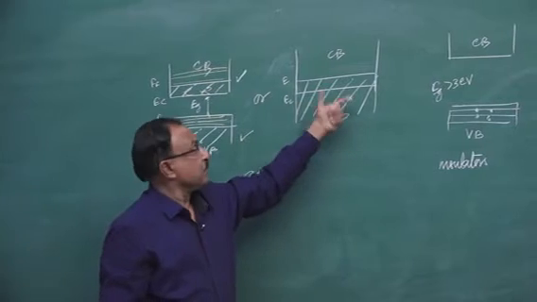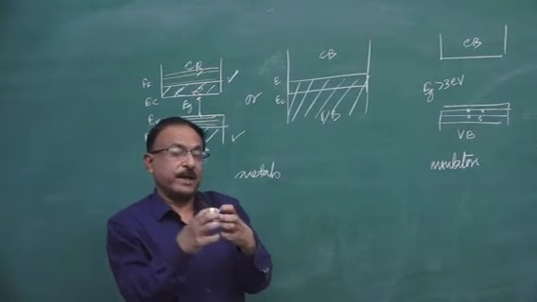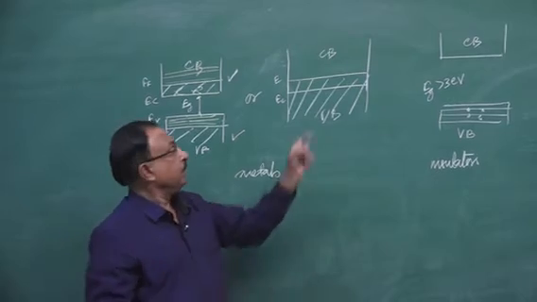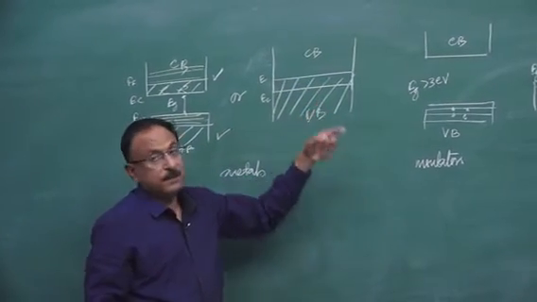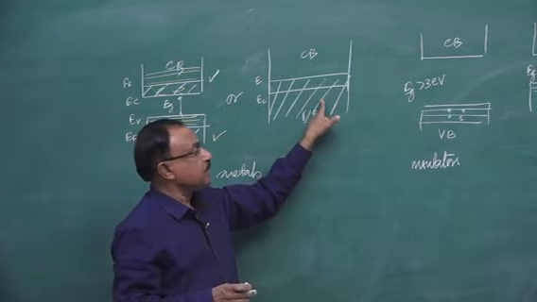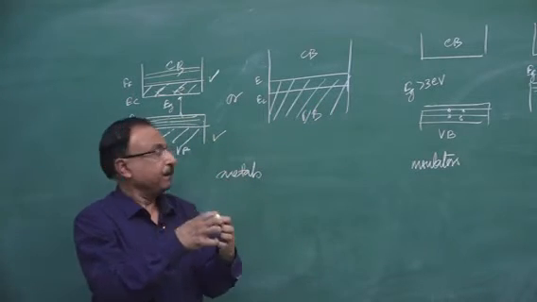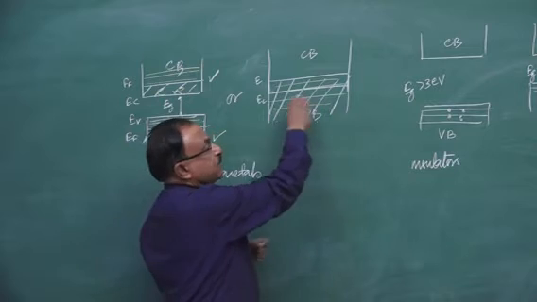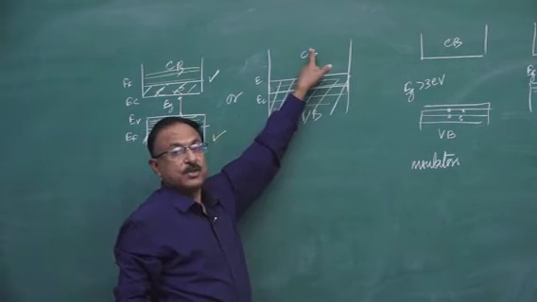The other case, which is the most common case, is that atoms are so tightly packed in the crystal structure of the metal that the conduction band and valence band overlap. When the conduction band overlaps the valence band because of the tight packing, then a lot of the electrons of the valence band become part of the conduction band.